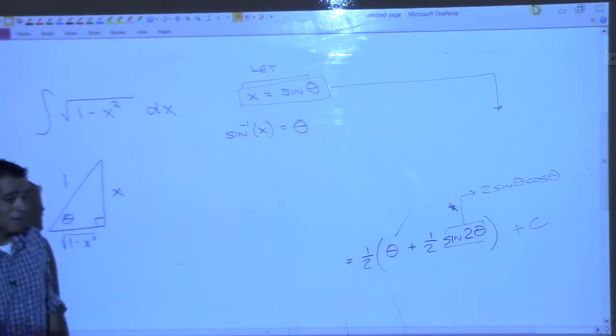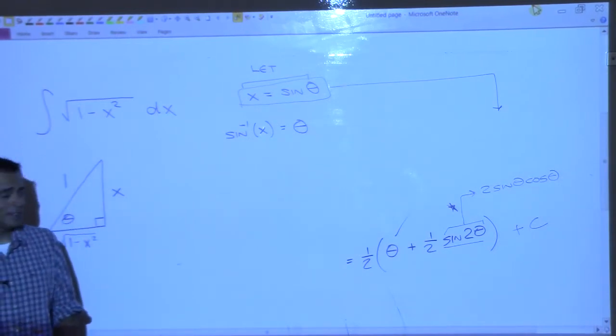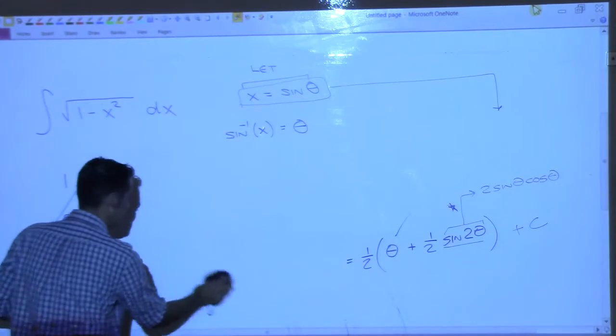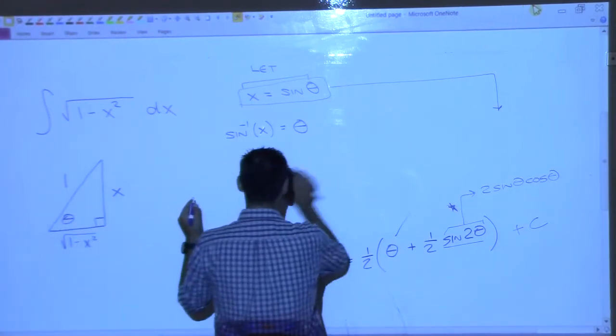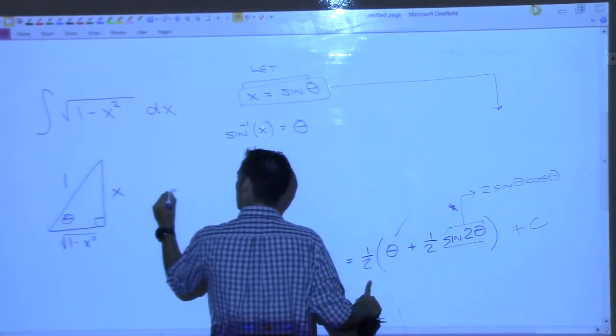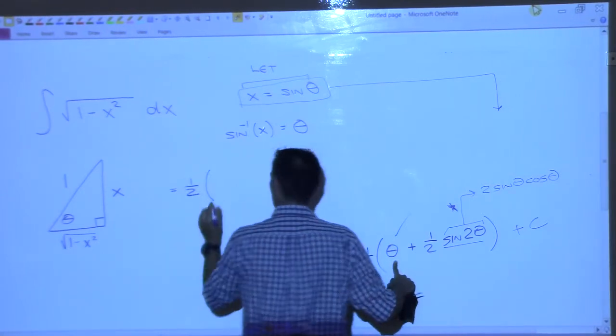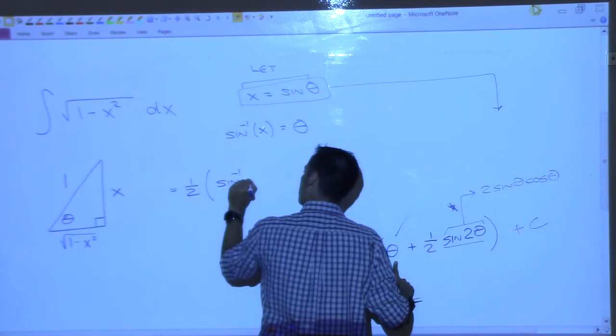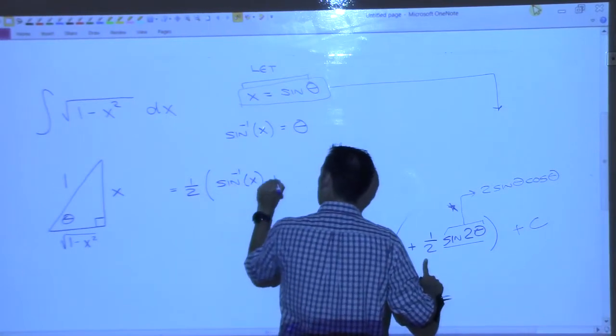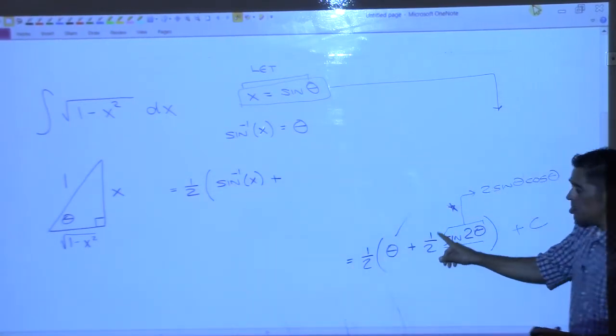All right, so you ready for our answer? Okay, good. You sound enthusiastic about that. Okay, so here we go. We have equals 1/2, parenthesis. What was theta? Arc sine of x, right? Plus 1/2, right?